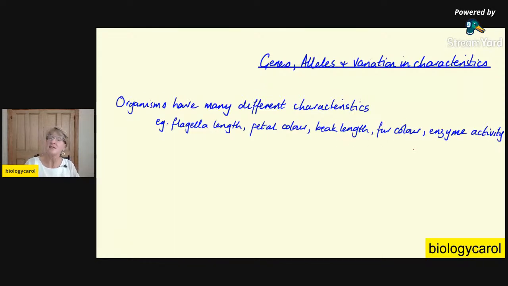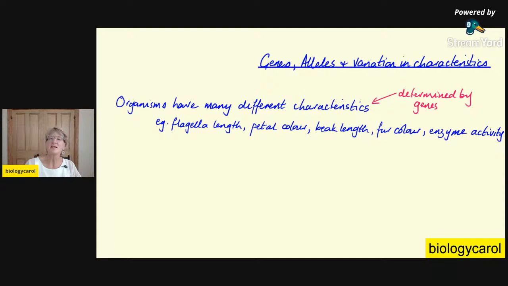In mammals, a difference in fur colour or length, or in our case, humans, in hair colour. Or in any organism, there might be differences in the way that enzymes are active, whether they are more active or less active, or whether receptors on cells are present or not. All of these are different characteristics. There are thousands of them in each species.